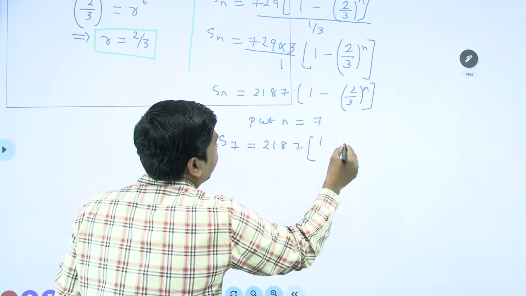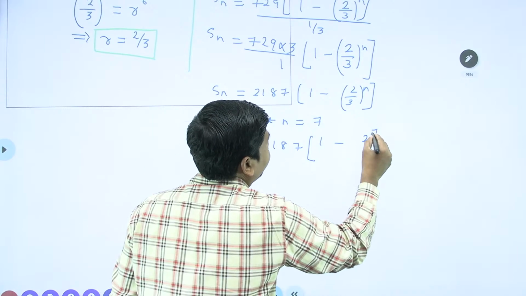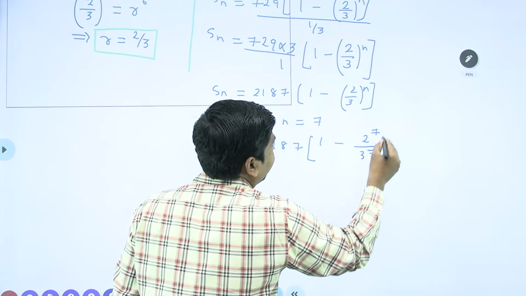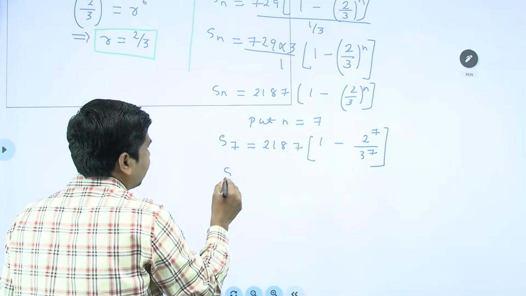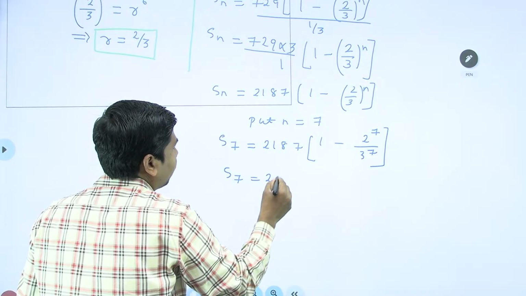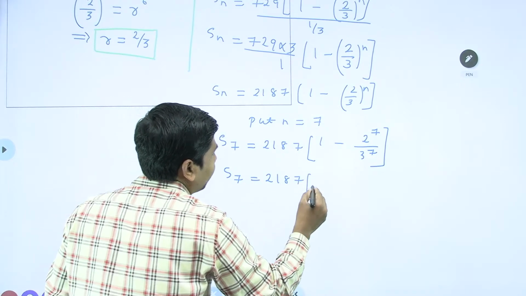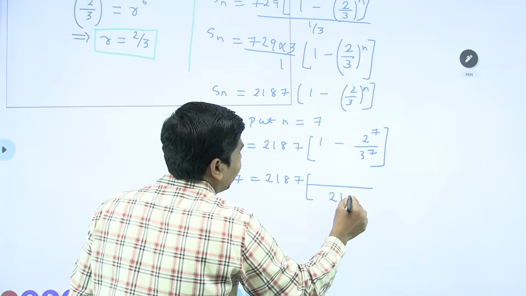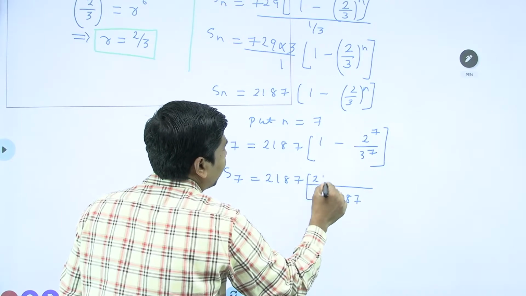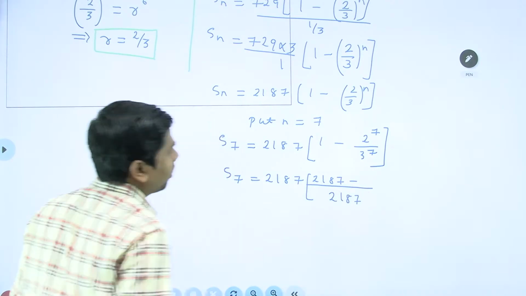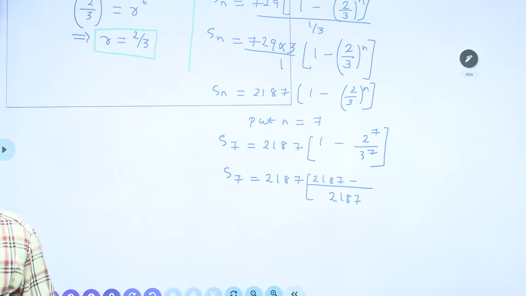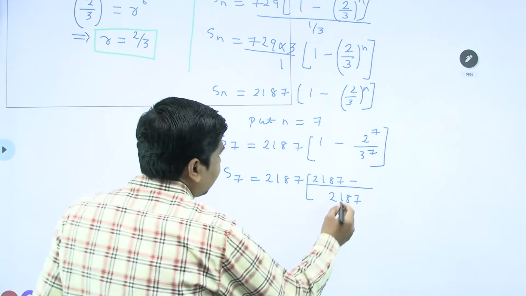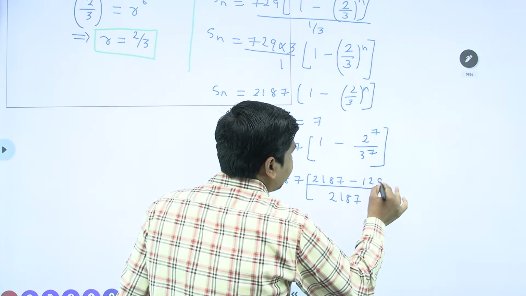S7 equals 2187 times 1 minus 2 power 7 by 3 power 7. 3 power 7 is 2187, and 2 power 7 is 128.